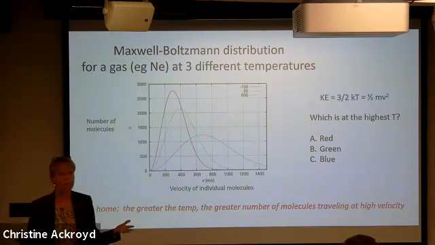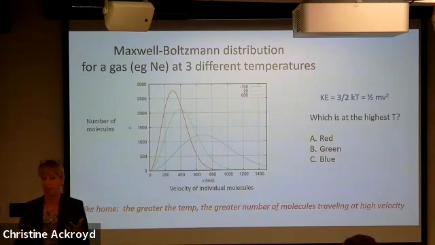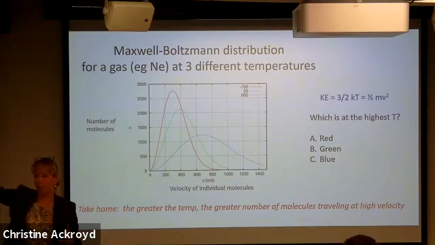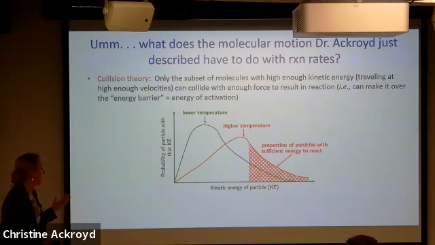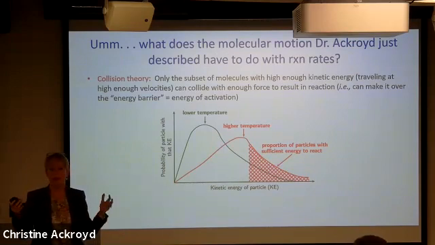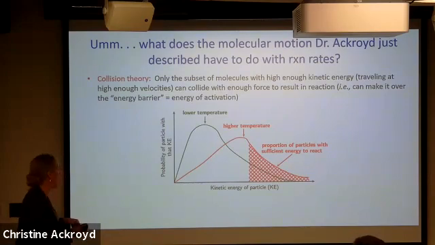No. Only some will, right? What percentage? The fraction of those molecules that collide with enough energy to react depends on the temperature and on how much energy they need to react. So it depends on both the temperature and the energy of activation. So when a collision happens, only a certain percentage could collide with enough energy to actually react.